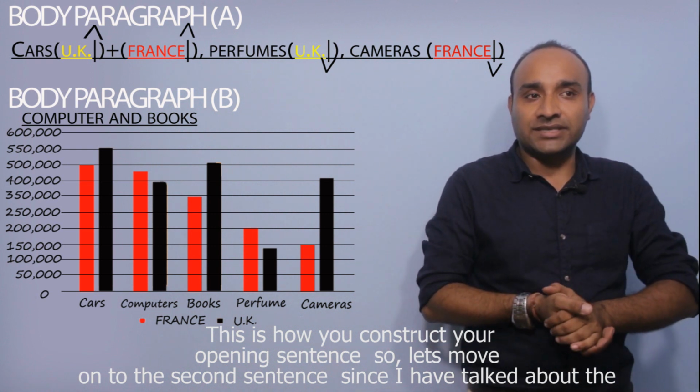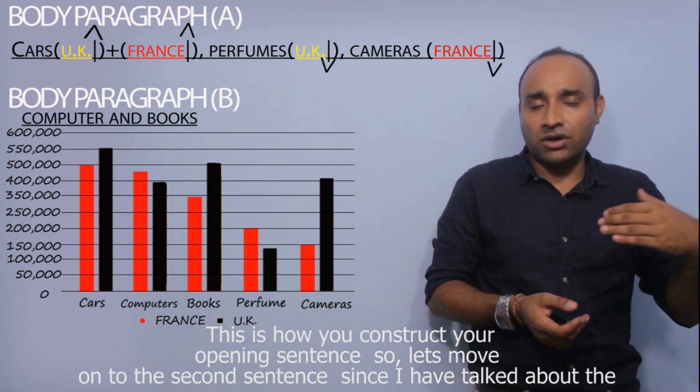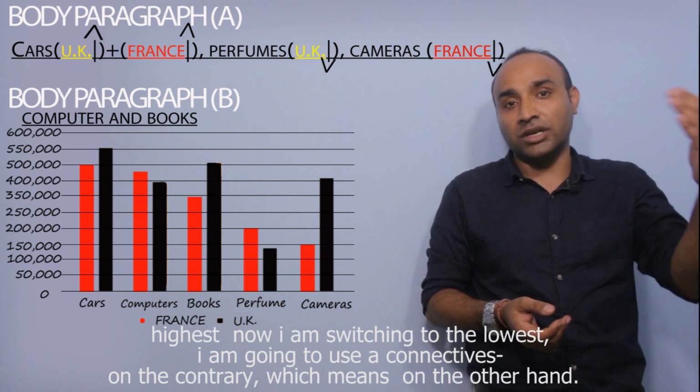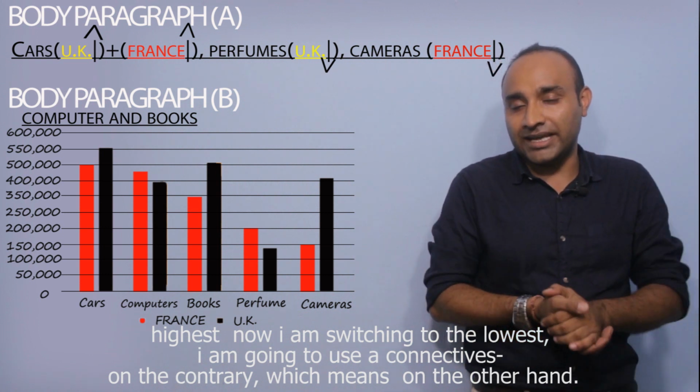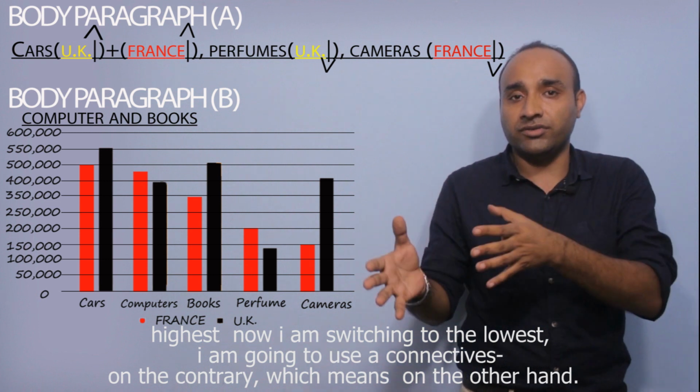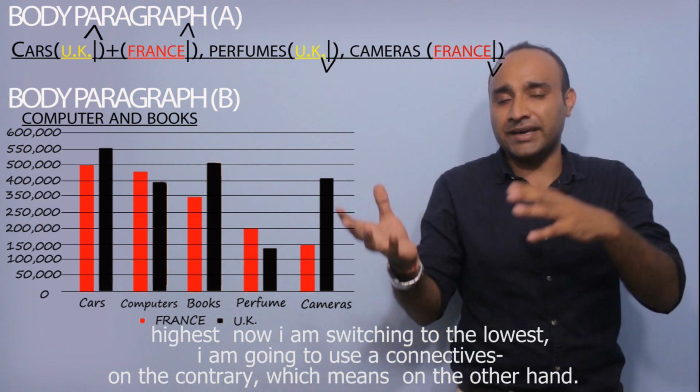So let's move on to the second sentence. Since I've talked about the highest, now I'm switching to the lowest. I'm going to use a connective, on the contrary, which means on the other hand.